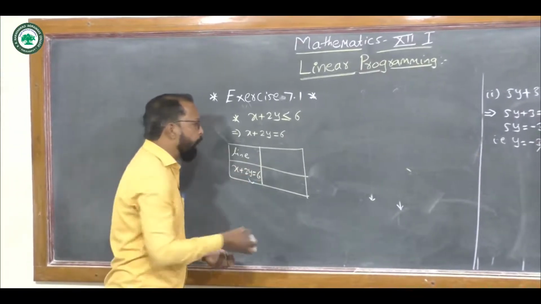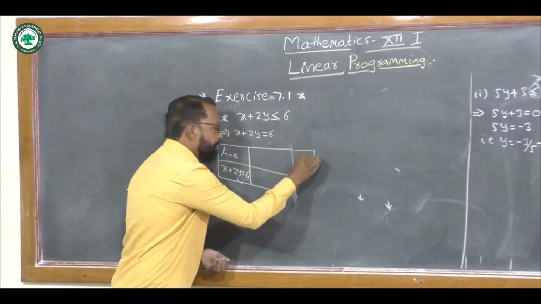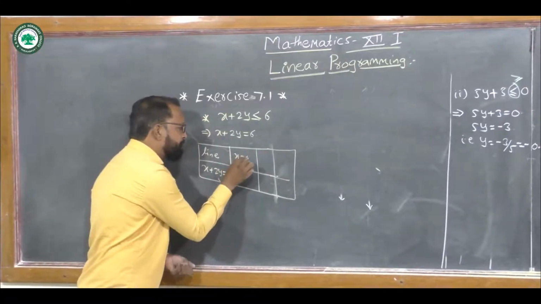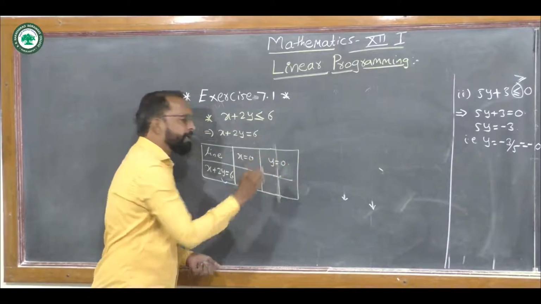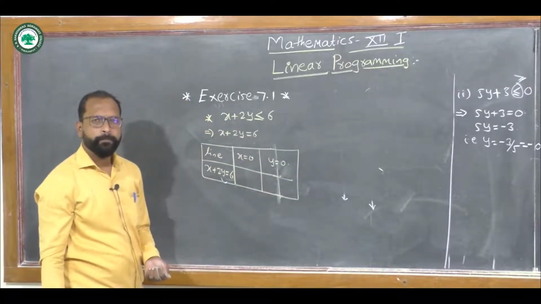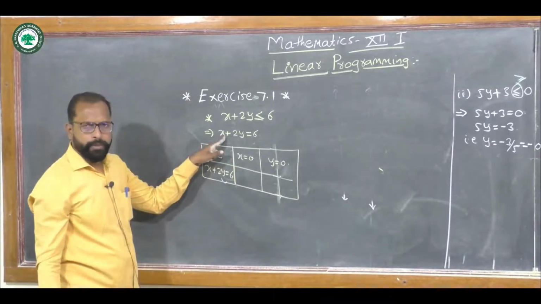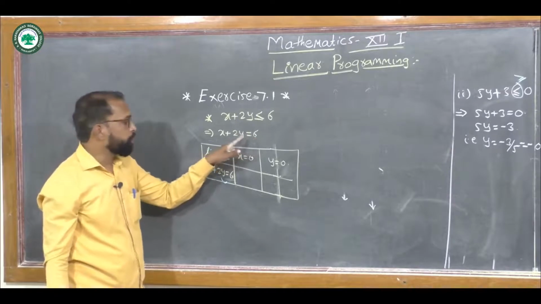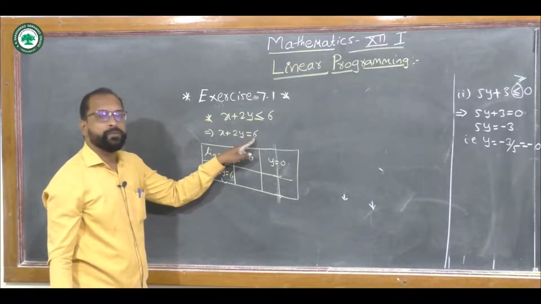We find the two points by putting x equals 0 and then putting y equals 0. If we put x equals 0 in this equation, we get 2y equals 6, which gives y equals 3.